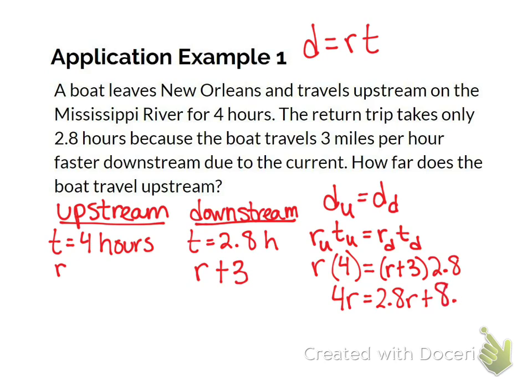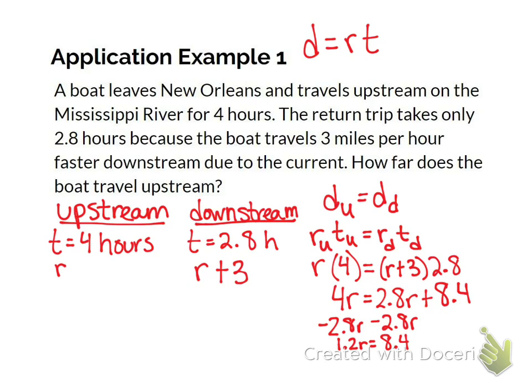It sure is. Okay, now we've got to solve this. What are we going to do to get all of our R's together? Subtract the 2.8R on both sides. Good, what does that give us? 1.2. Good, 1.2R equals the 8.4.